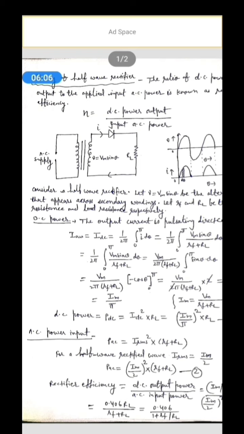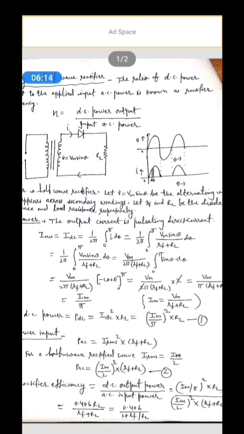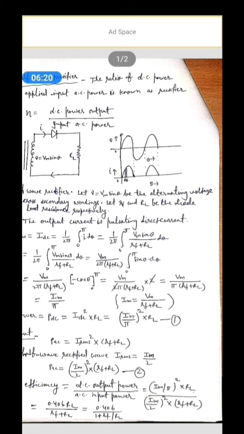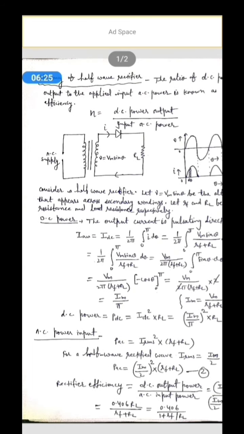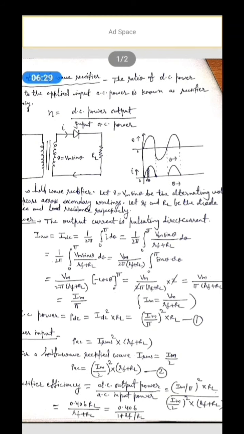From the first and second equations, we find the rectifier efficiency, which is equal to DC output power divided by AC input power, and this equals 0.406 into RL divided by RF plus capital RL.